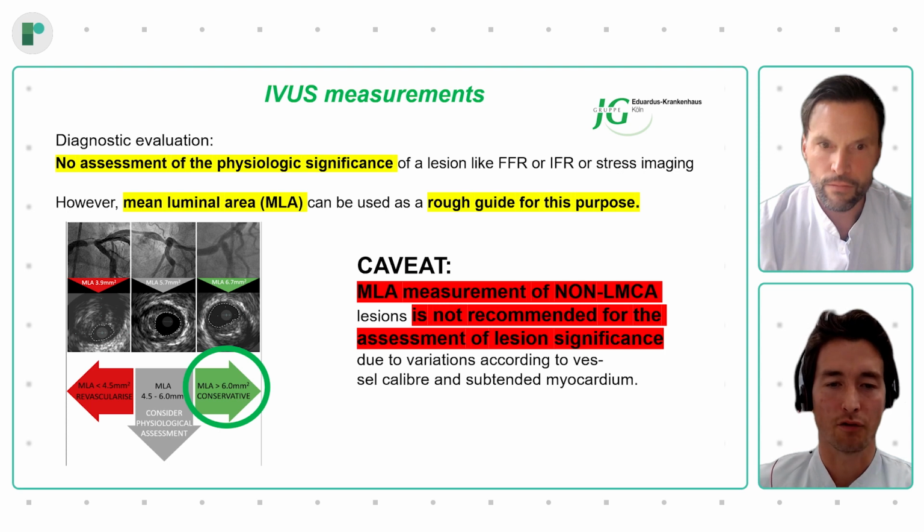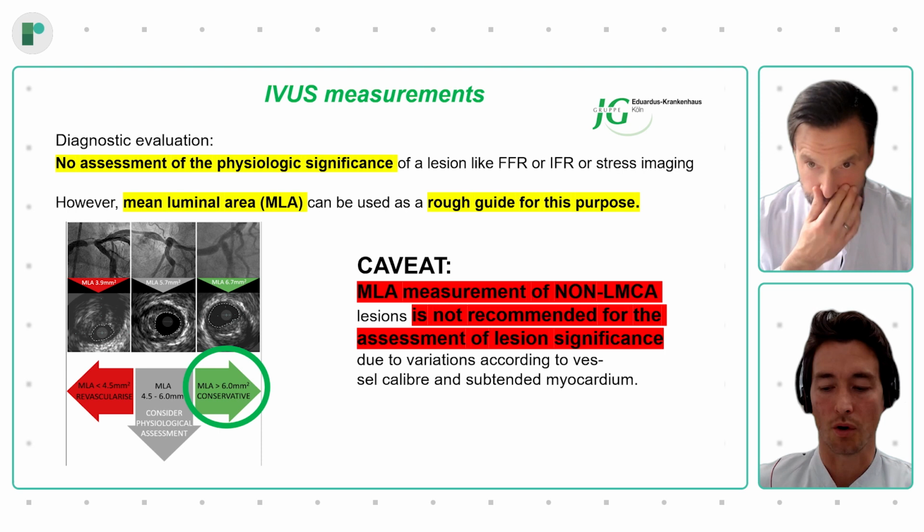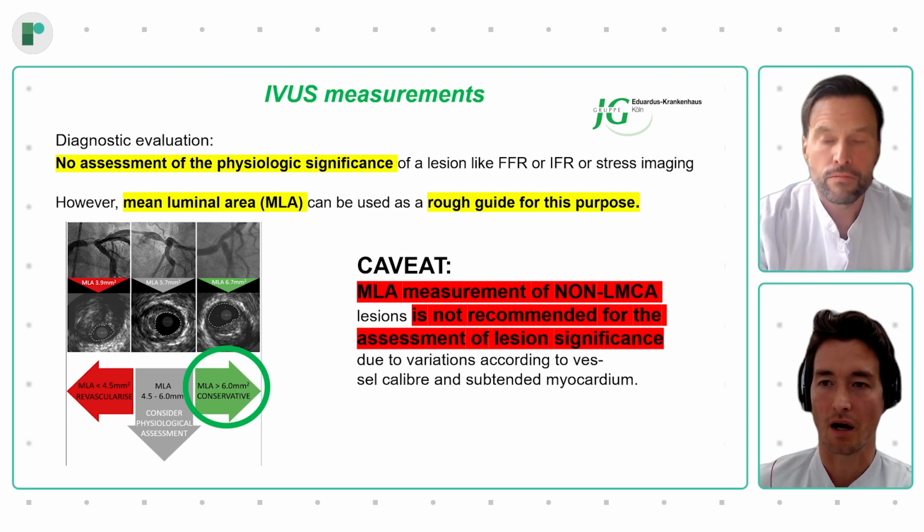In situations where you have an MLA of 4.5 to 6 millimeter square, you should consider physiological assessment. If you have an MLA below 4.5, then you can proceed with revascularizing. But in non-left main coronary artery disease, you should not rely on those MLAs. Of course, there are reports, but in this scenario, it is recommended to do physiological assessment due to the variations according to vessel caliber and subtended myocardium.